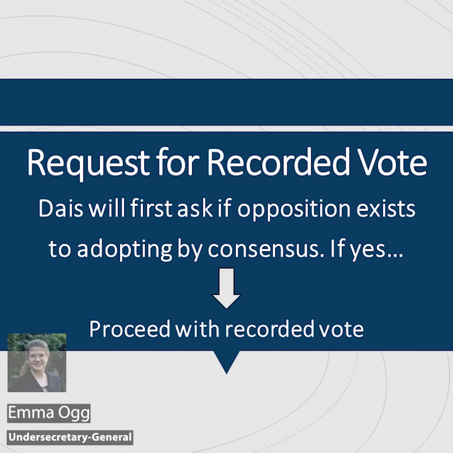So, such a request will lead to an electronic vote, and absent such a request, the draft resolution will be considered adopted. So, if a member state would like to voice opposition during the voting procedure, they can request a recorded vote. And this is automatically granted, and as there is electronic voting, there is no more roll call voting.